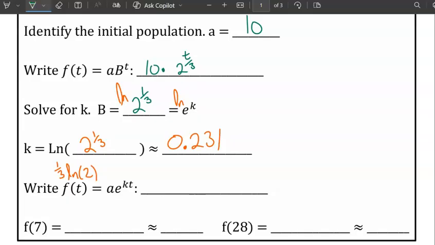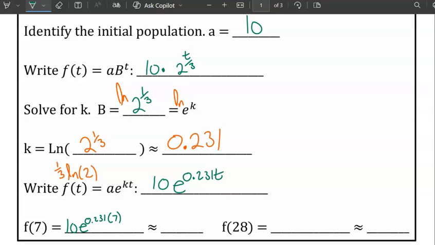Let's rewrite this in this form. We have a e to the kt power is 10 e to the 0.231 t. If we plug in 7 into this formula, we get this.